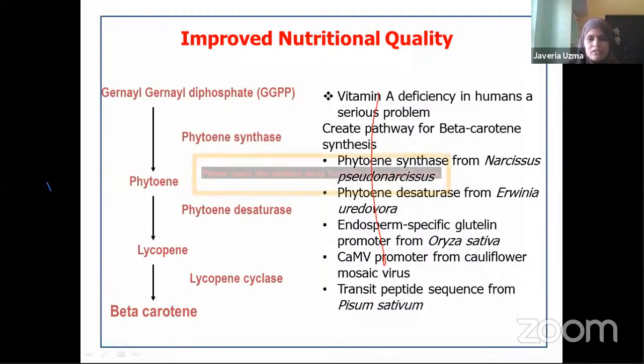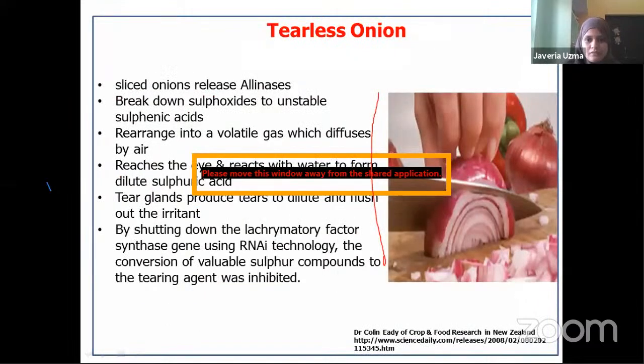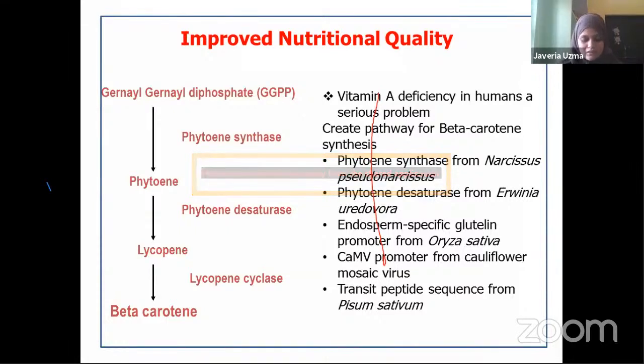From all these organisms they were taken, and they are introduced into rice for synthesis of this beta carotene. So by this we are improving the nutritional quality of rice. That will abolish or reduce the malnutrition in underdeveloped countries. So this is also one of the important applications of transgenic technologies.